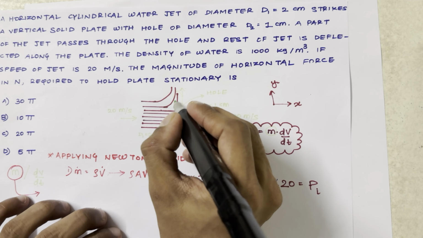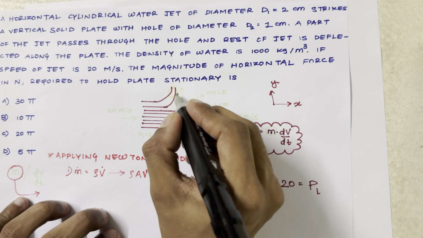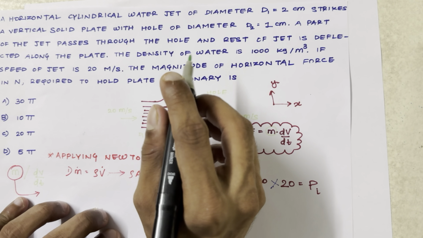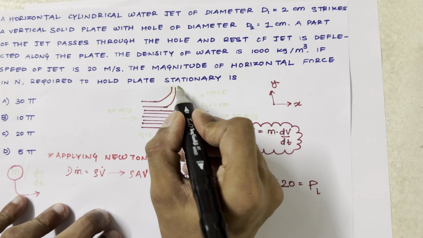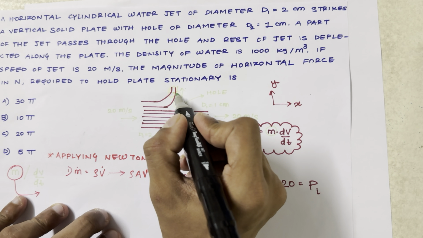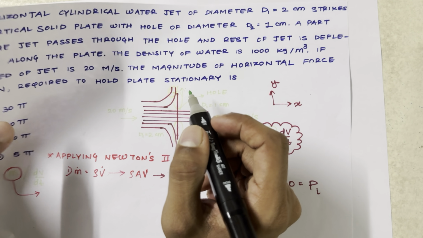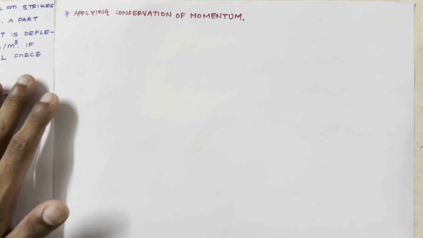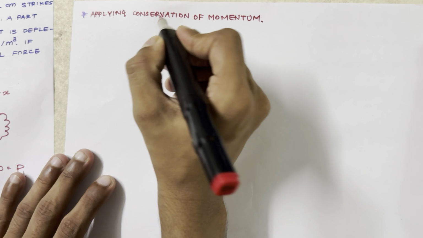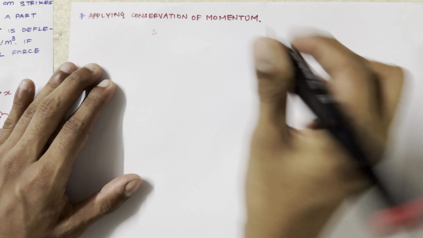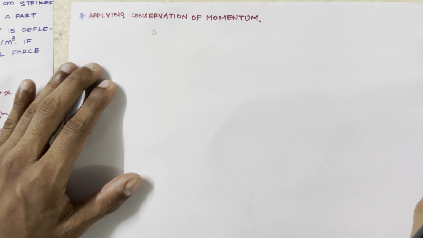The moment just before it strikes will be the initial momentum of our system, and the moment it strikes will be the final momentum. So if we consider that kind of system, we can use delta p, that is the change in momentum.